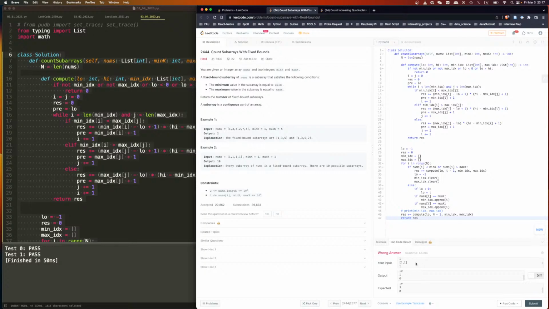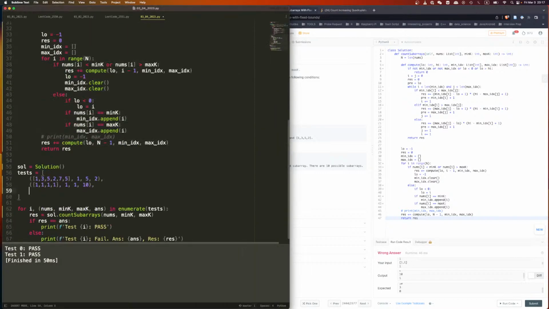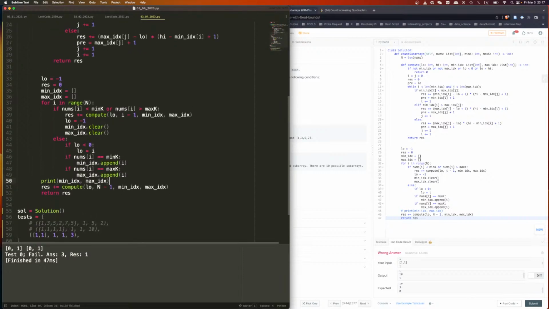The 1, 1. 1, 2, 3. How come this is right, but 1, 1 is wrong? I don't know. Huh. 1, 1. 0, 1, 0, 1.